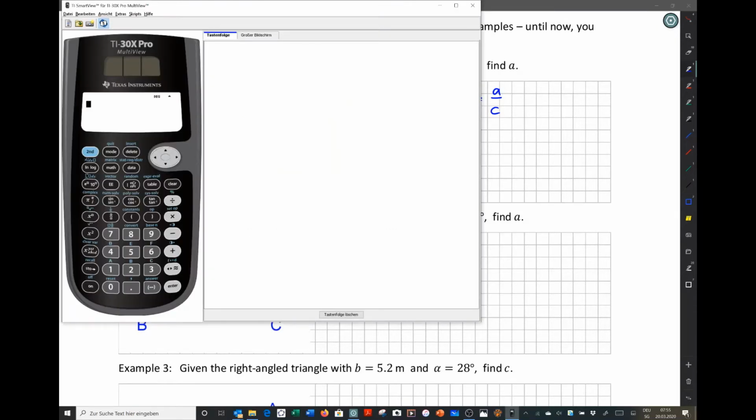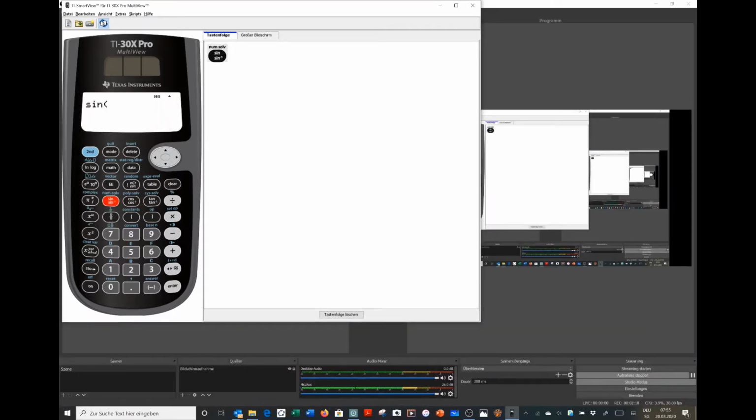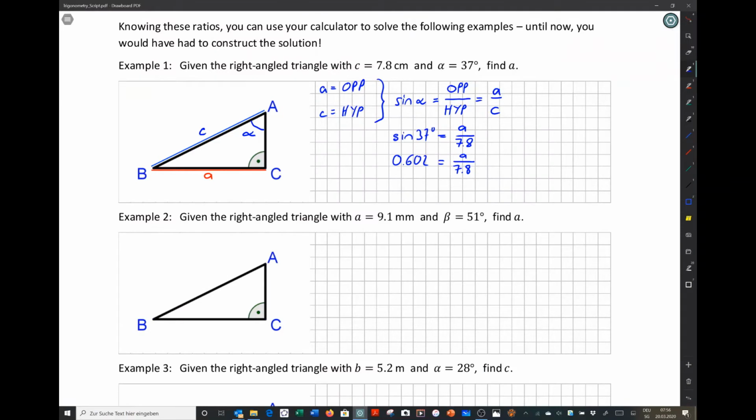Now let us use the calculator to find the value of sine of 37 degrees. So sine 37 and enter, and we get the value 0.602. So we get 0.602 is A divided by 7.8. Let's solve that for A by multiplying with 7.8 and switching the sides. And we find that the side A is approximately 4.7 centimeters long.